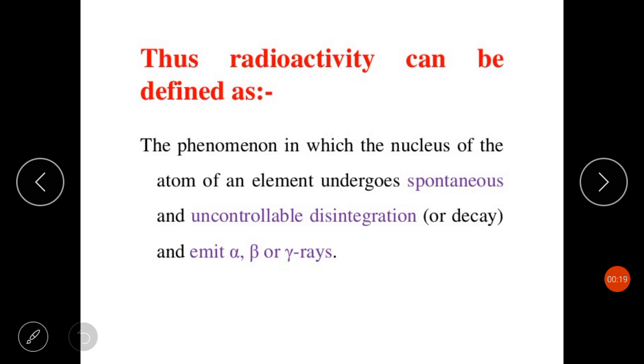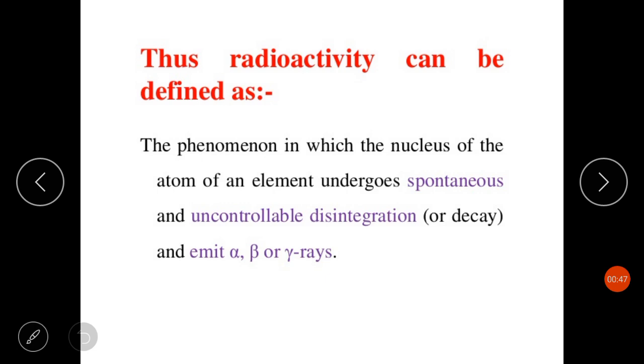Radioactivity is the spontaneous emission of radiation in the form of particles or high energy photons resulting from a nuclear reaction. That is, whenever a nuclear reaction occurs, there is a spontaneous emission of radiation which might be in the form of particles or high energy photons.